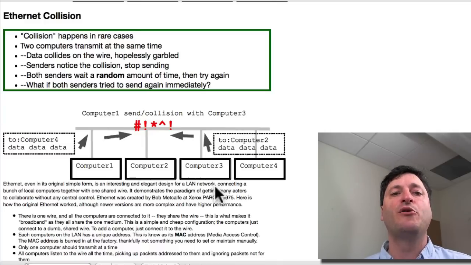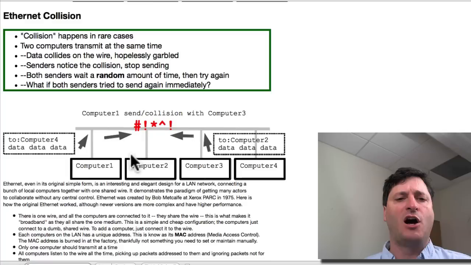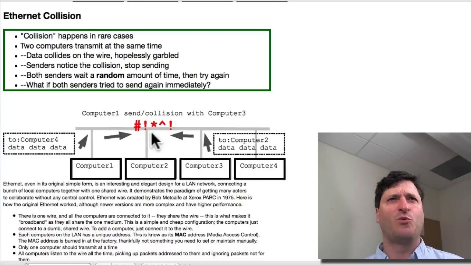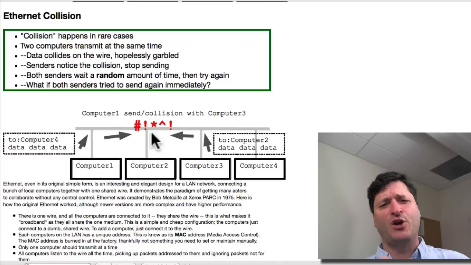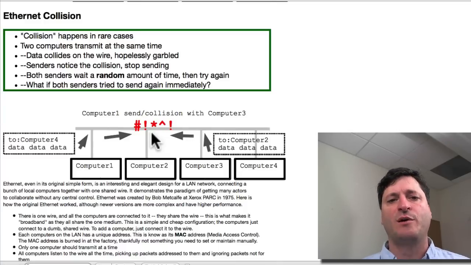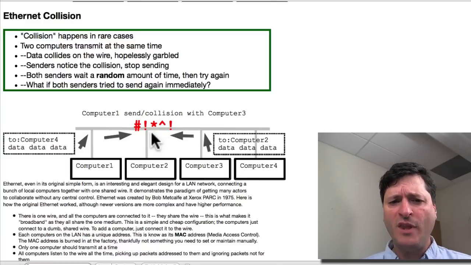And so they will both decide to start sending on our one shared wire. And the wire can't carry multiple conversations at once. So if they both start transmitting, there's said to be a collision, where the two conversations overlap and override each other, and it eventually just becomes hopelessly garbled. So both packets are basically destroyed and useless by this collision.